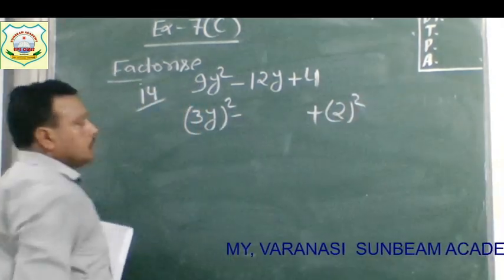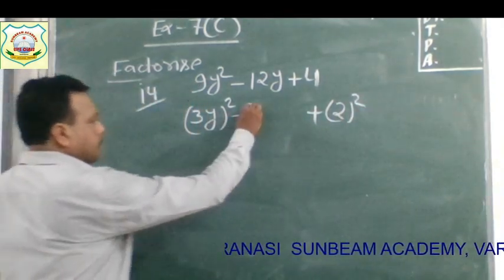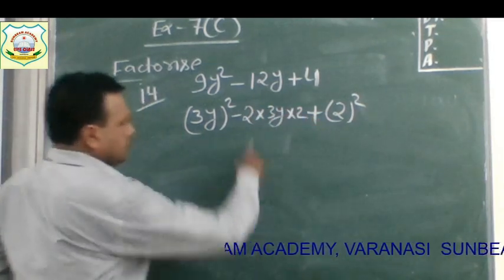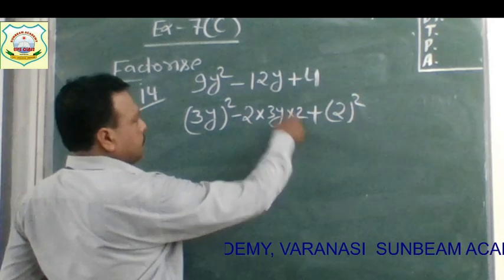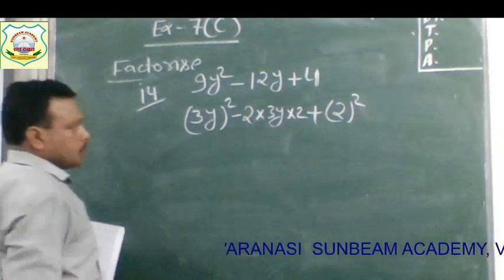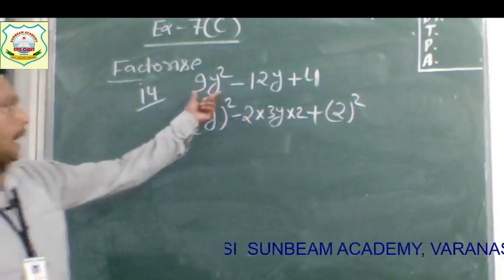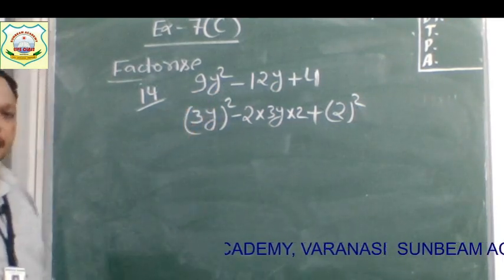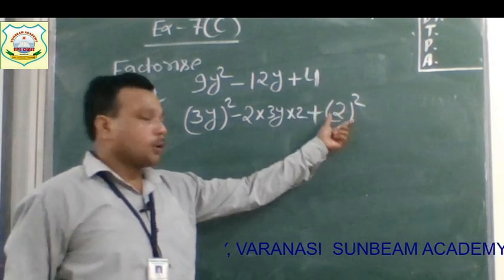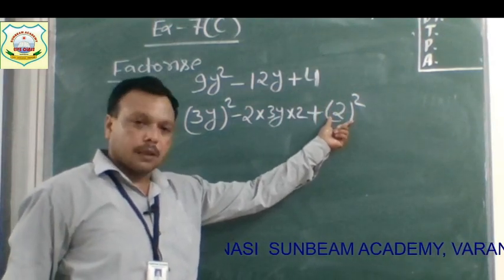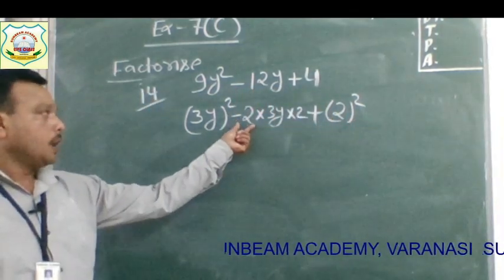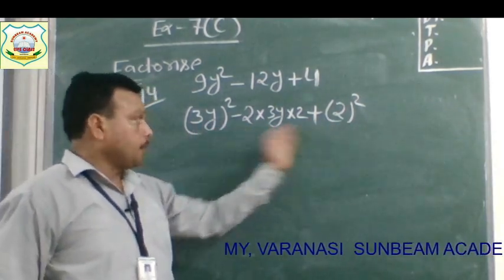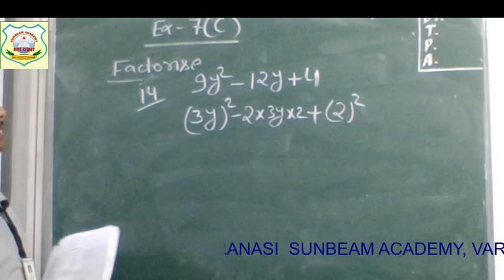Minus 2ab, that is 2 multiplied by 3y multiplied by 2: 3 2s are 6, 6 2s are 12, 12y. So now we have got here 9y whole square, that is 3y whole square, the form of a square. 4, that is 2 whole square, the form of b square. Now 2ab: the a value is 3y and the b value is 2. So each and every term is in the format of the same identity.